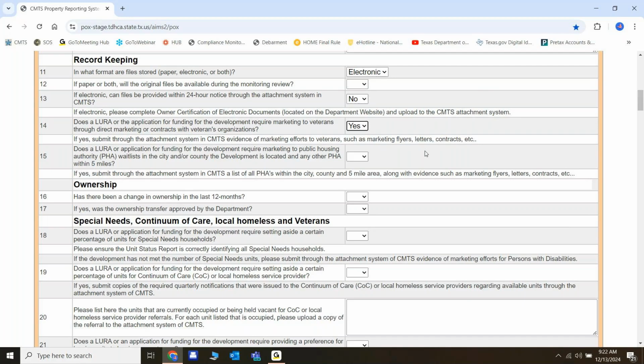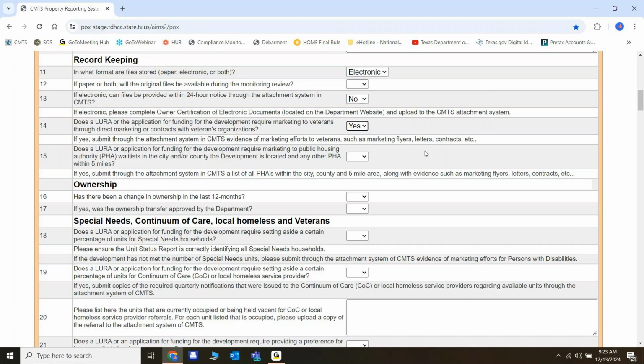The next one, this is one of those newer things in those newer LURAs and why we had to add it. So somewhere in 21, 22, 23, or 24, I can't remember what QAP, some LURAs or their application for funding required the development to market to public housing authorities wait list in the city and or county the development is located and any other PHA within 5 miles.